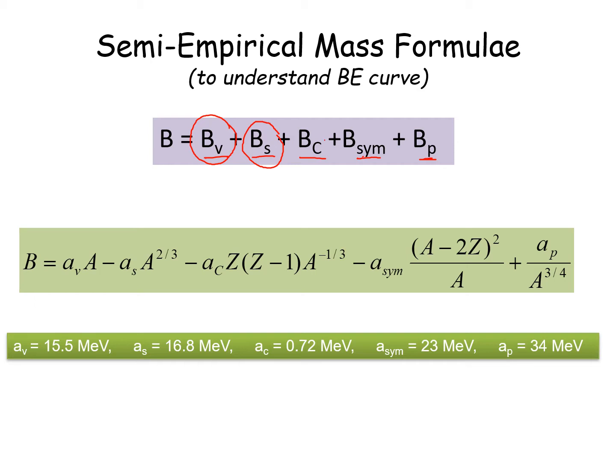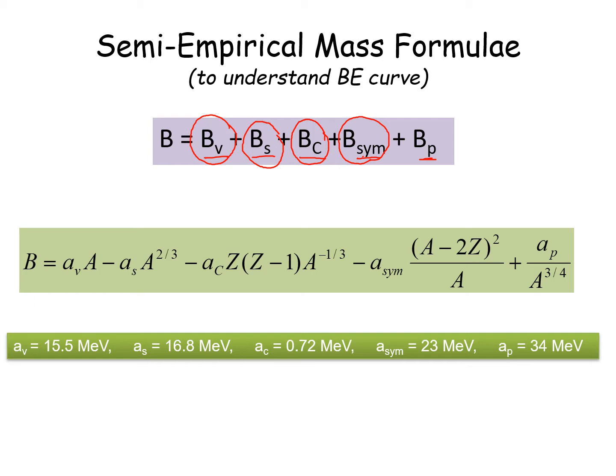Then we have the Coulomb term, that is called the repulsive Coulomb term. Then we have the symmetry term that distinguishes between the protons and the neutrons. And finally we have the pairing term. So all these potentials are necessary to provide stability to the nucleus. So binding energy is the contribution of the 5 different terms.